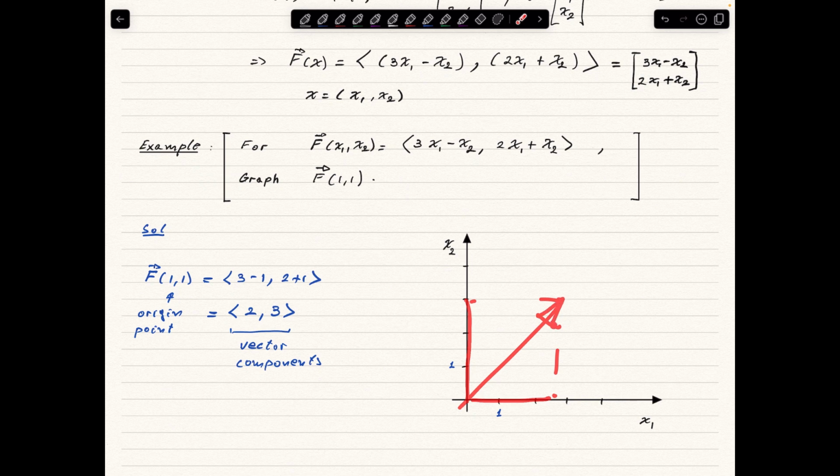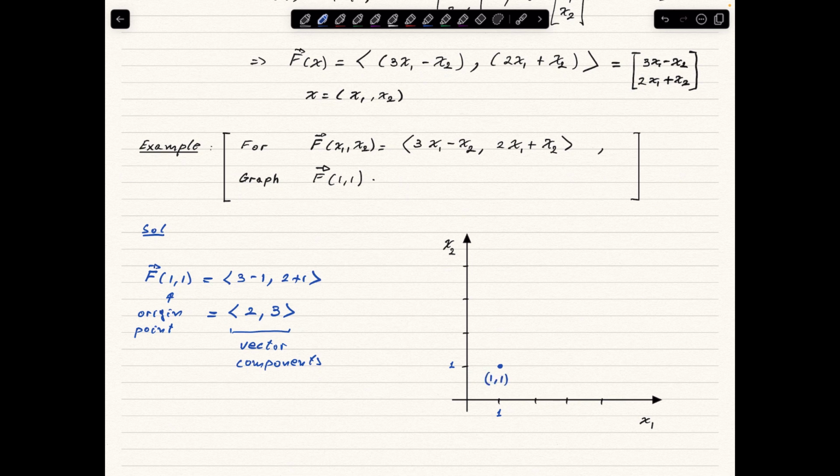But the origin of the vector is not the point (0, 0). Actually, in a vector field, you need to draw the vector at each point where you compute it, in this case at (1, 1). So we go to the point (1, 1), which is here.